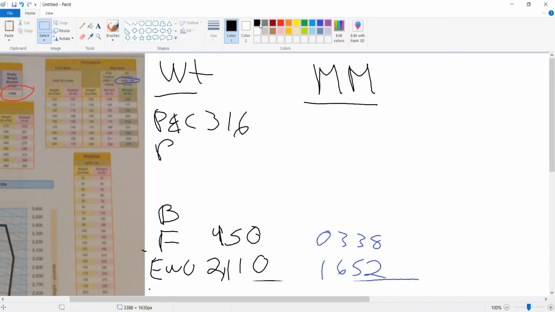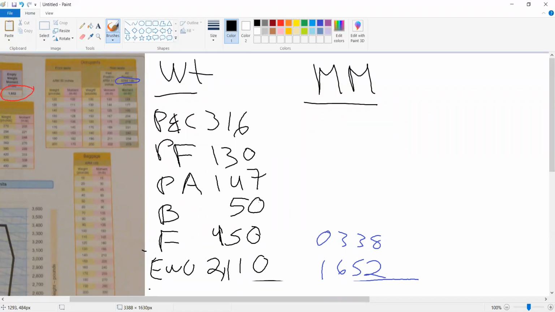So we have passengers forward and passengers aft. Passengers forward is 130. Passengers aft is 147. And baggage is 50.